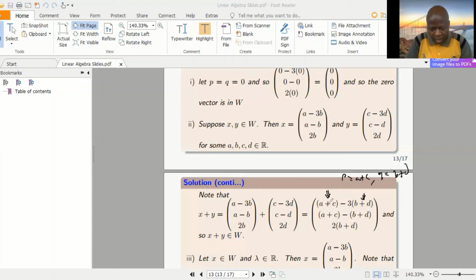So you can see that this is p minus 3q, this is p minus q, and this is 2q. So this new vector is in W. That means this sum is in W.